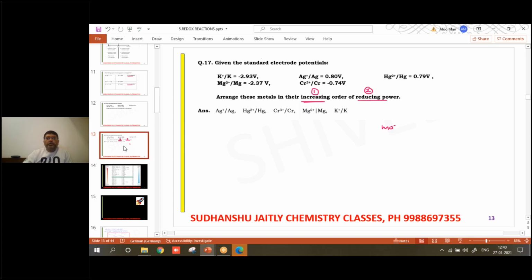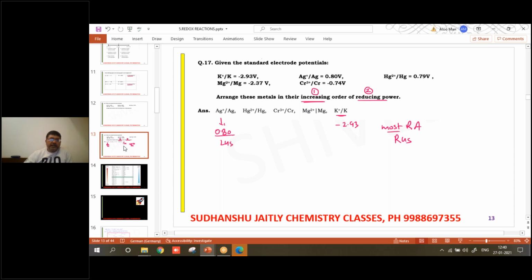That means the most reducing should be on your right hand side. For example, potassium has minus 2.93. Least reducing, that is silver, should be on your left hand side.